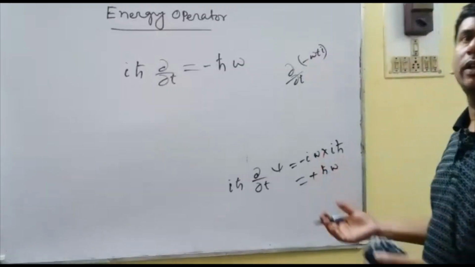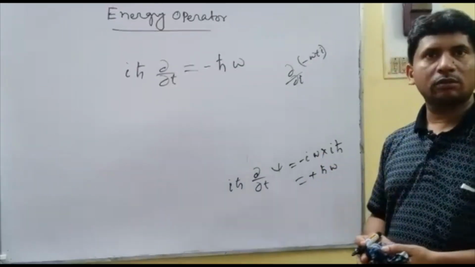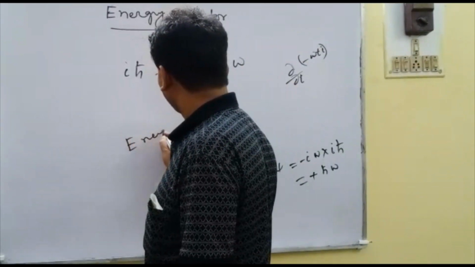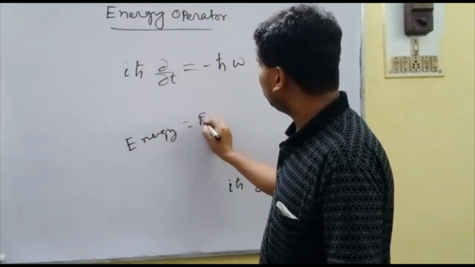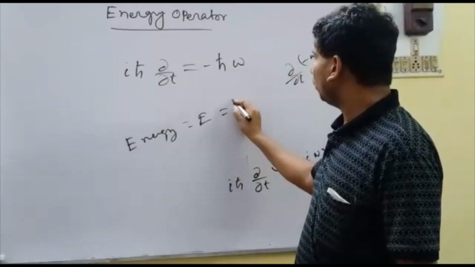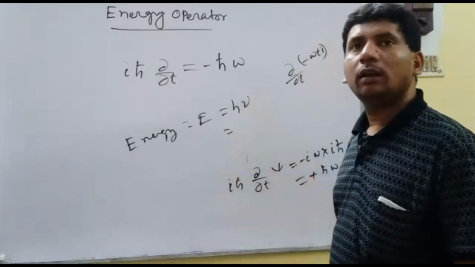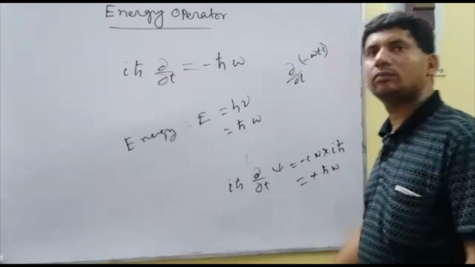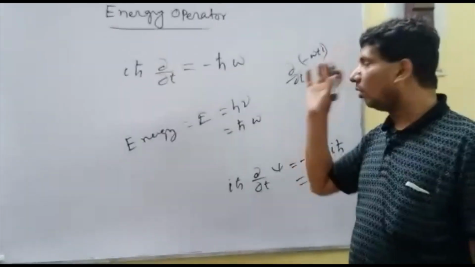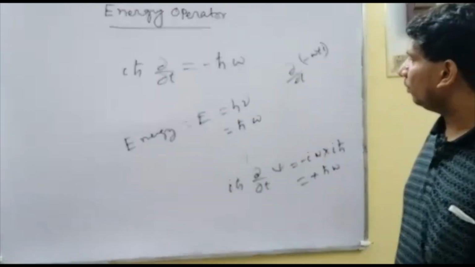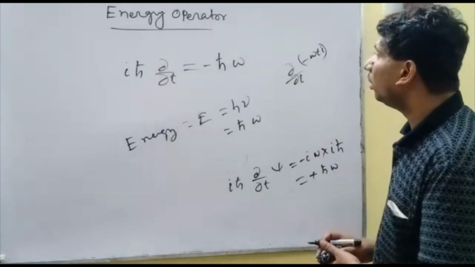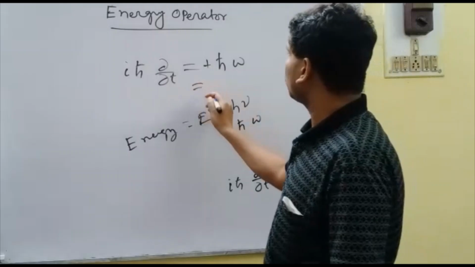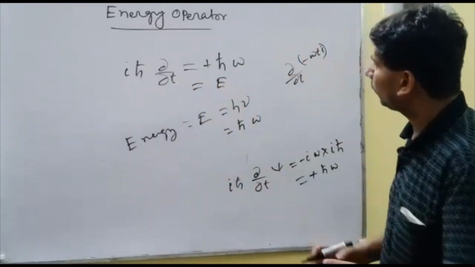Now what does a squared omega denote? You know about the energy, E equals h nu. Actually it is in terms of omega, a squared omega, since nu means omega by 2 pi. Hence this is actually E. Clear?